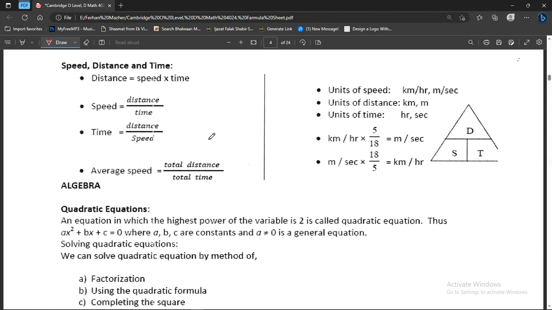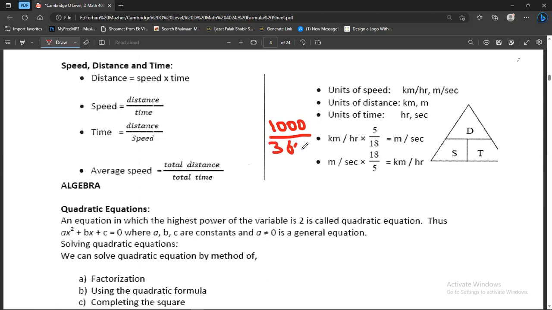Kilometer per hour, if you multiply it by 5 by 18, it will be converted into meter per second. And if you have meter per second, you multiply it by 18 by 5, it will be converted into kilometer per hour. You can remember it another way. If you want to convert kilometer per hour into meter per second, simply multiply it by 1000 and divide it by 3600.